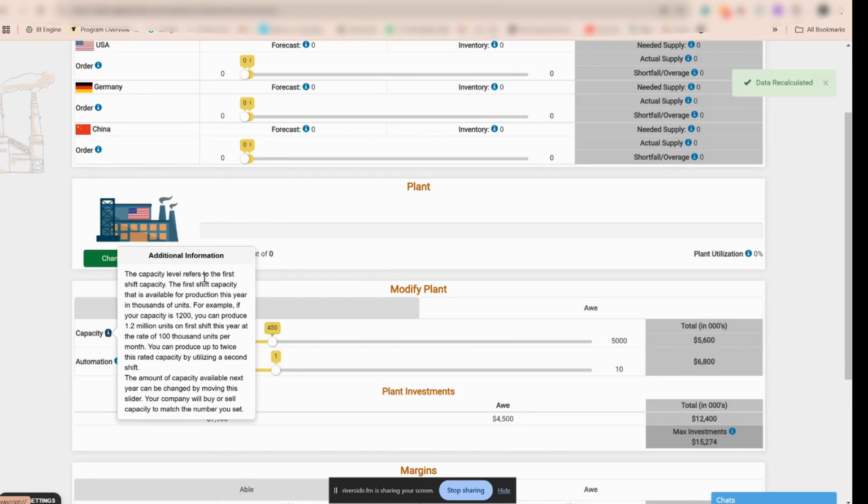It says the capacity level refers to the first shift capacity, the first shift capacity that is available for production this year in thousands of units. For example, if your capacity is 1,200, you can produce 1.2 million units on the first shift this year at the rate of 100,000 units per month, basically. So that's what it's saying.